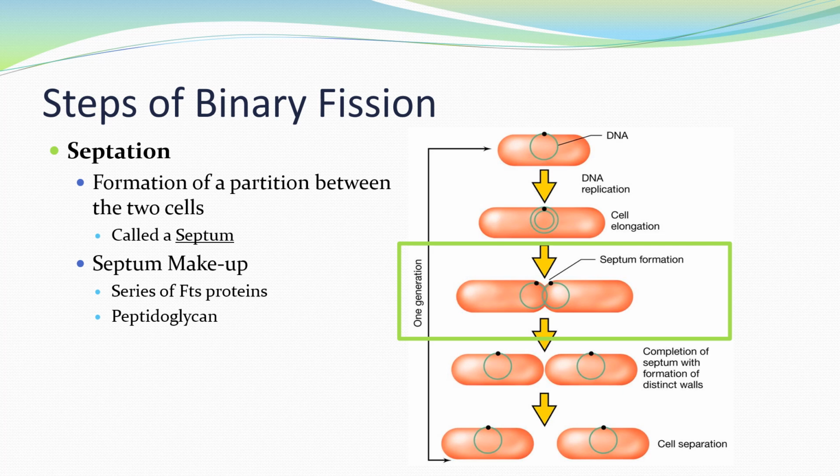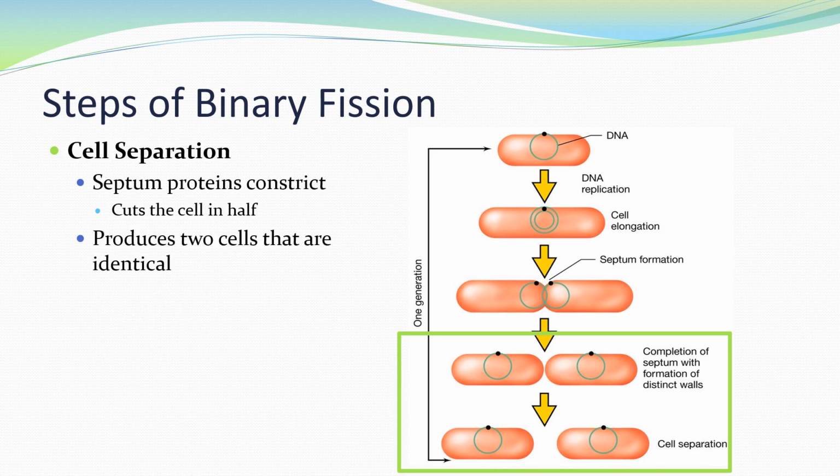The makeup of that septum is going to be a series of proteins and peptidoglycans. You're going to notice that the DNA is also going to make its way, one copy into one side of the septum and one copy onto the other side of the septum as well, in preparation to be dispersed into the two cells.